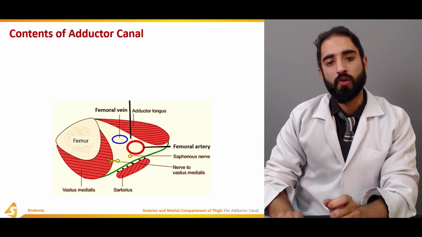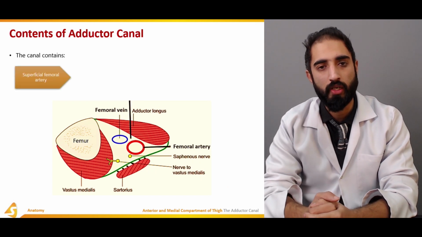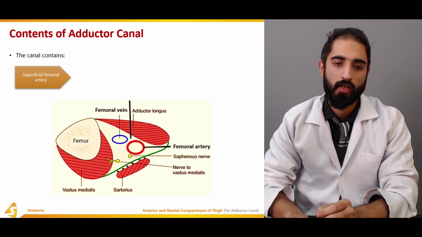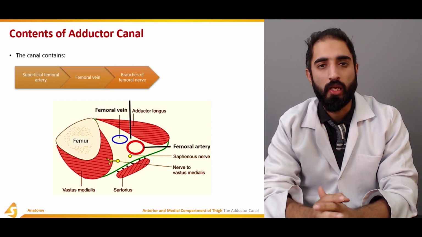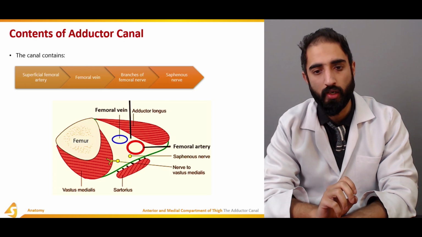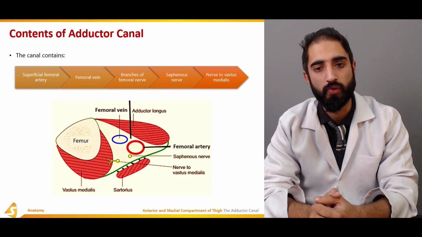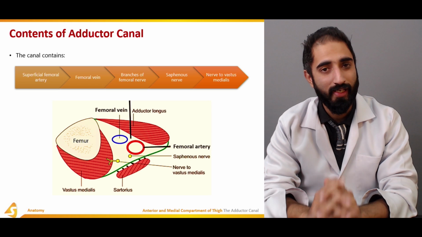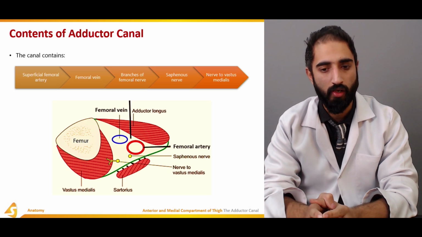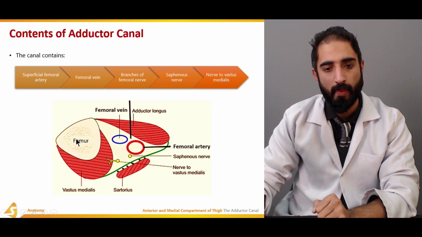So the contents of the adductor canal include the superficial femoral artery, the femoral vein, the bundles of the femoral nerve, the saphenous nerve, and the nerve to the vastus medialis. These are all the structures contained within the adductor canal, as we can see in this picture as well. This is the femoral vein, this is the femur, because this is the lateral aspect, this is the medial aspect.